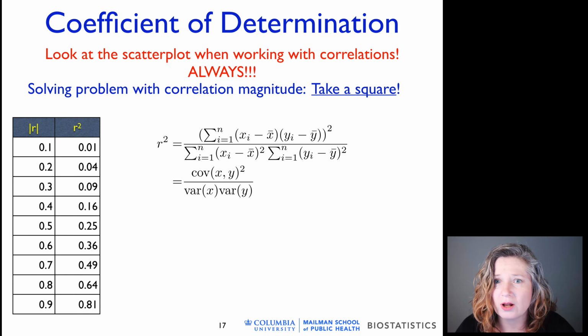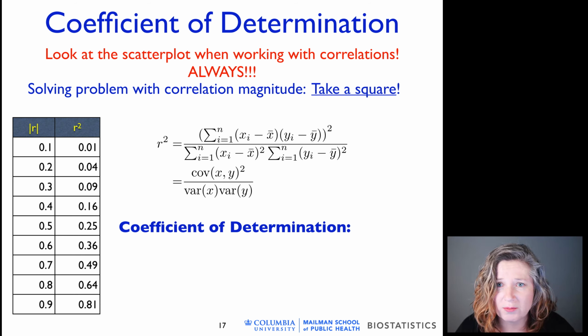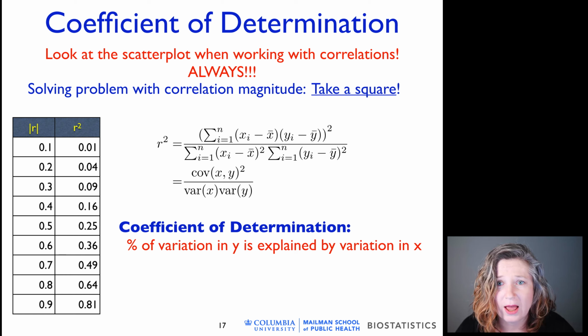Now you can see correlation 0.5 when squared is only 0.25. Correlation 0.7, when the data finally start looking like a meaningful line, is squared 0.49. So the coefficient of determination in this simple case is just correlation squared, and it's often denoted as r squared. It also has an interpretation.